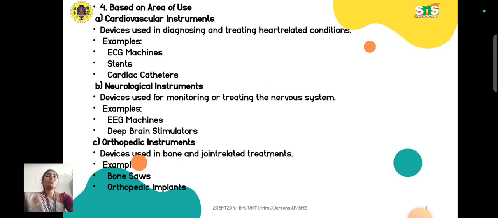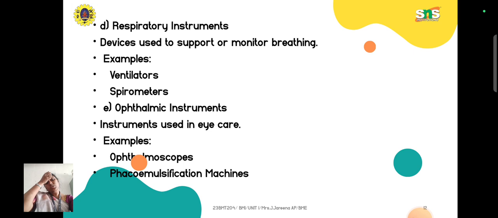So next is based on area of use. What type of area we are using, we have different sets of classification: cardiovascular instruments, neurological instruments, orthopedic instruments. Cardiovascular is related to diagnosing and treating heart-related conditions. Neurological equipment is meant for the nervous system and the brain, and orthopedic is used for bone and joint. Respiratory instruments are used to support or monitor breathing. Ophthalmic instruments are used for eye care.